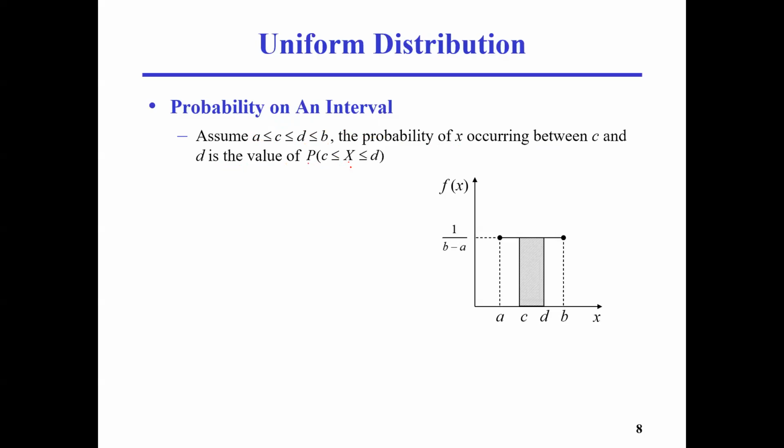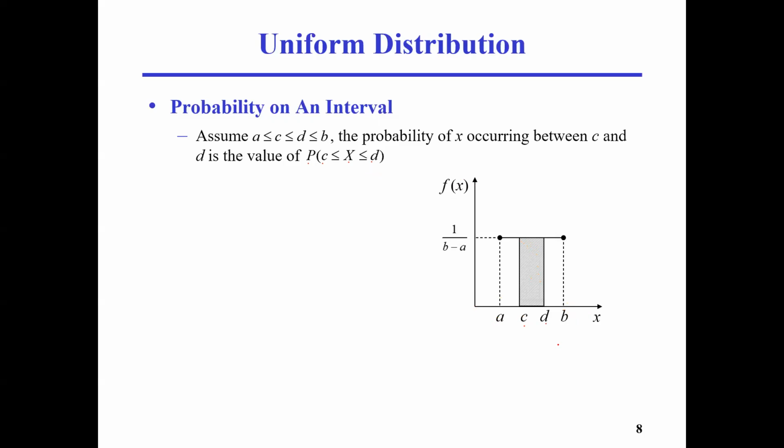A and B are the two boundaries for this piecewise function, right? If x is smaller than A, it's 0. If x is larger than B, it's 0. And what we care about is the probability of x being between C and D.